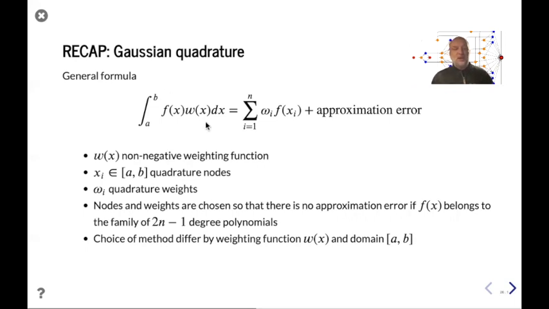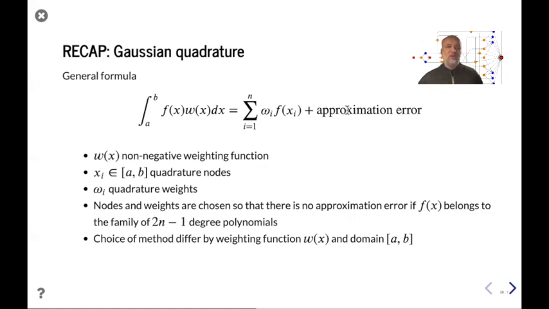Now this is the integral of interest. With quadrature we should be able to rewrite that as a finite sum of quadrature weights times the function evaluated at some quadrature nodes, plus an approximation error.